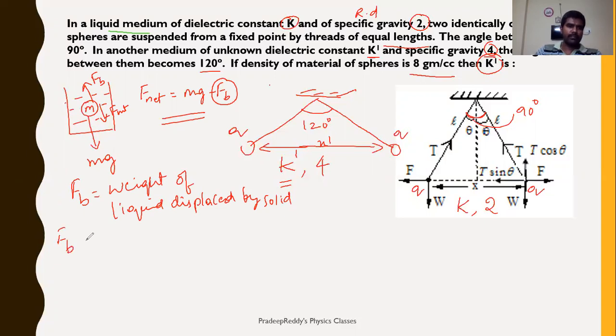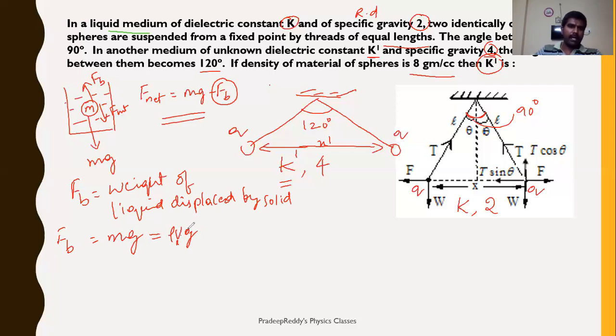So buoyant force is equal to weight, W is equal to M into G, where M is the mass of the liquid displaced. Mass of the liquid displaced is equal to density of the liquid into volume of the liquid displaced, because mass is density into volume. So density of liquid is rho, V is volume, and G is acceleration due to gravity.